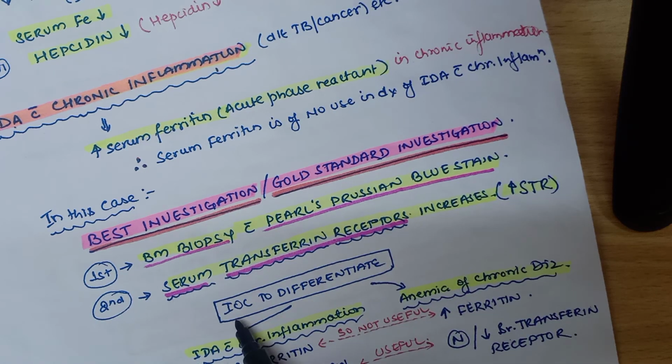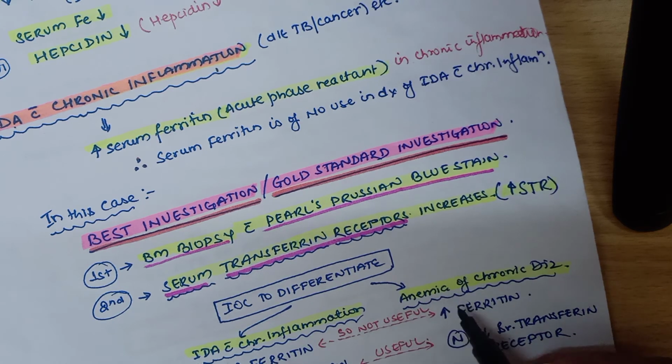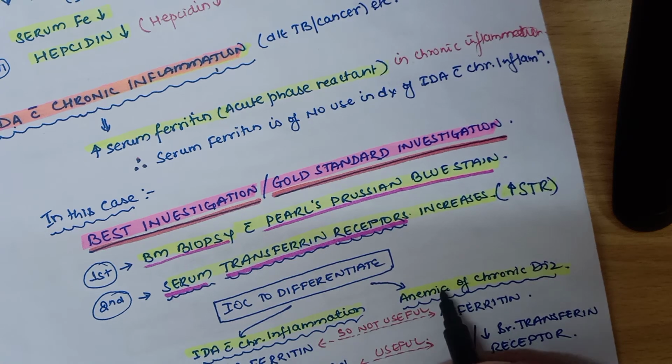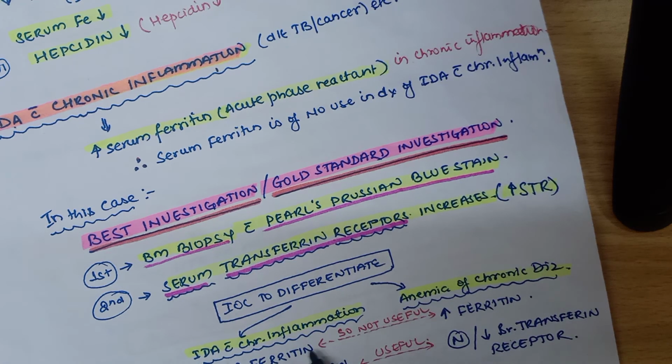So how will you differentiate iron deficiency anemia with chronic inflammation and anemia of chronic disease? In both these cases, there will be increase in serum ferritin level. So serum ferritin level is of no use in diagnosing iron deficiency anemia with chronic inflammation or anemia of chronic disease.